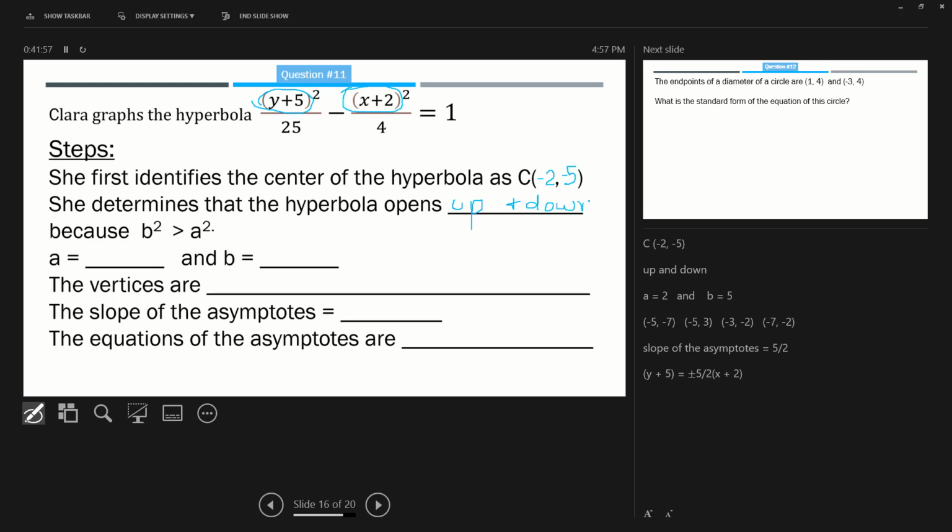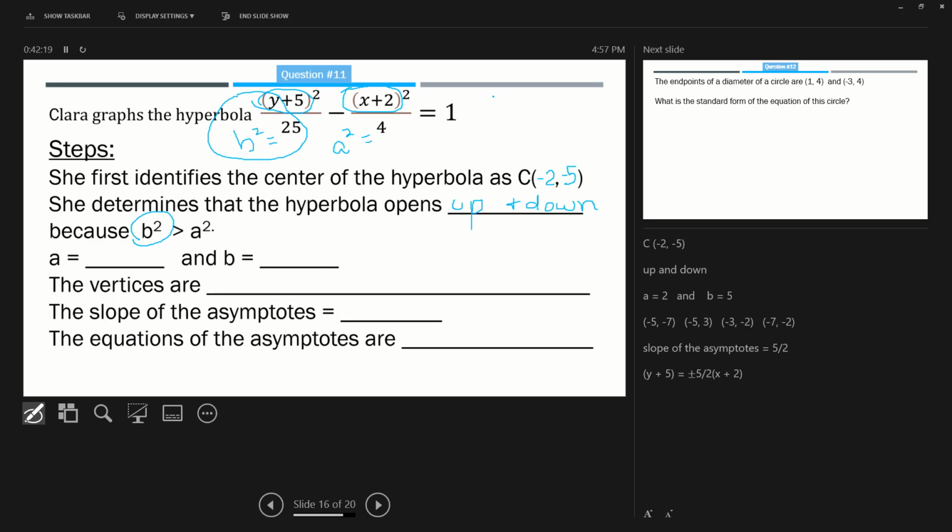Now the reason that we know that it opens up and down is because b squared, which is right here, and b always follows the y, b squared is greater than a squared.